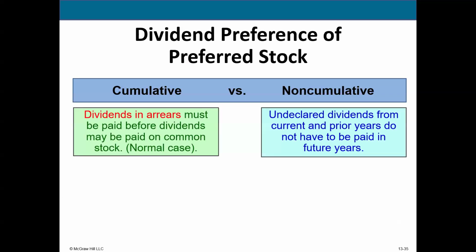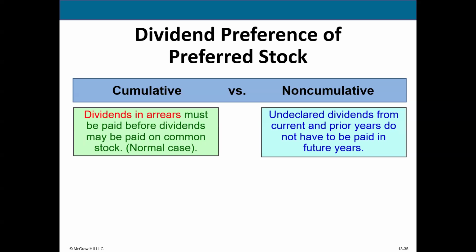Now, when it comes to preferred stock, it can be identified as either what we call cumulative or non-cumulative. When something is cumulative, it means it accumulates in value over time, right? So that's what accumulation is. This is where dividends can be paid in arrears before any common shareholders receive dividends.